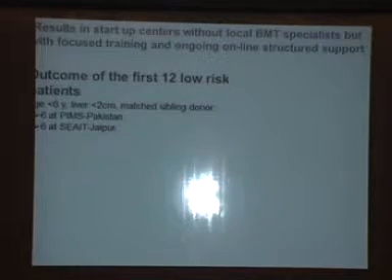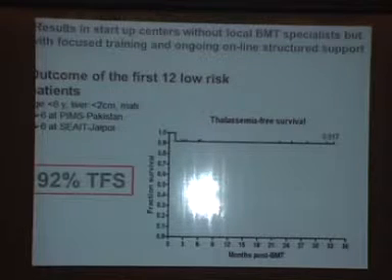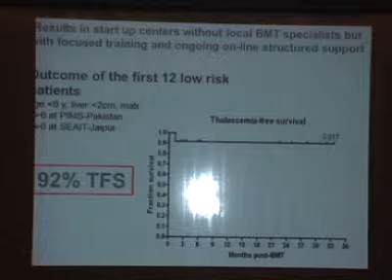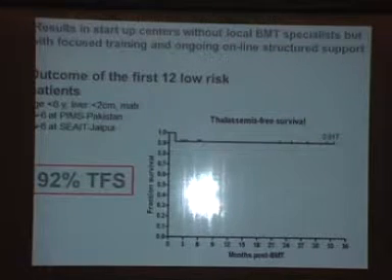We also then extended this small network to India, in Jaipur, capital of Rajasthan. They had a lot of thalassemia, no transplant center. Here we analyzed just the first 6 patients that were transplanted in startup centers, one in a government hospital in Islamabad, Pakistan, and the other in Jaipur.